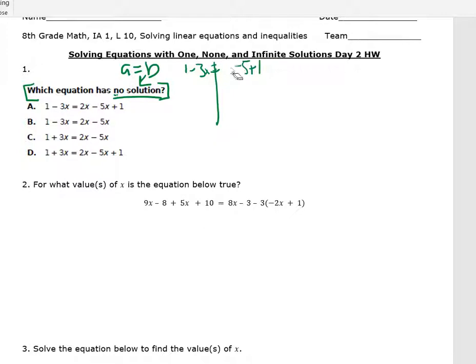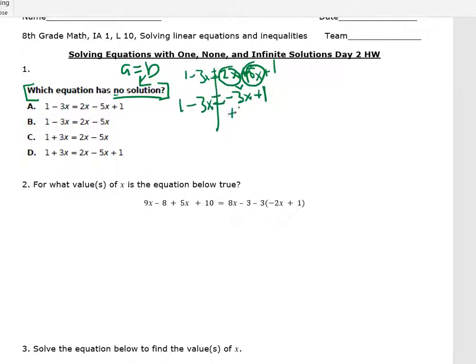When I look at the other part of this equation, 2x minus 5x plus 1, forgive me, this negative 5x and this positive 2x combine. So I'm left with negative 3x plus 1. Then I have 1 minus 3x is equal to negative 3x plus 1.